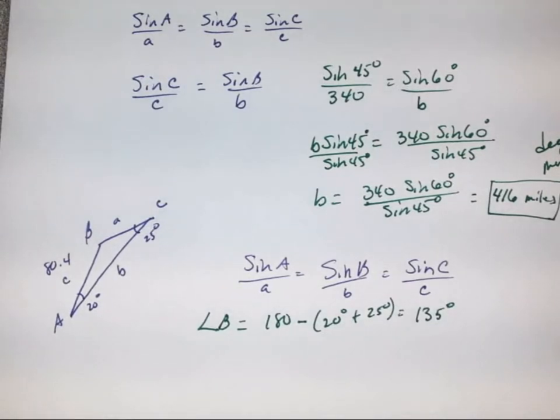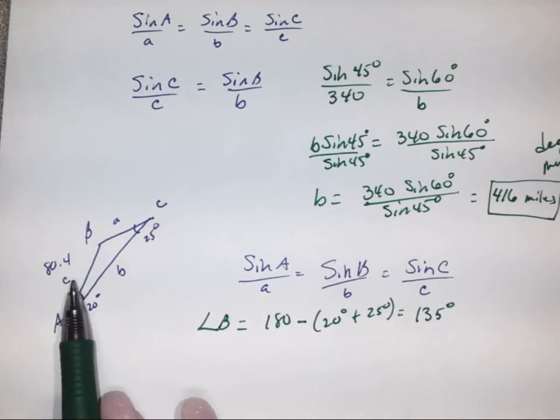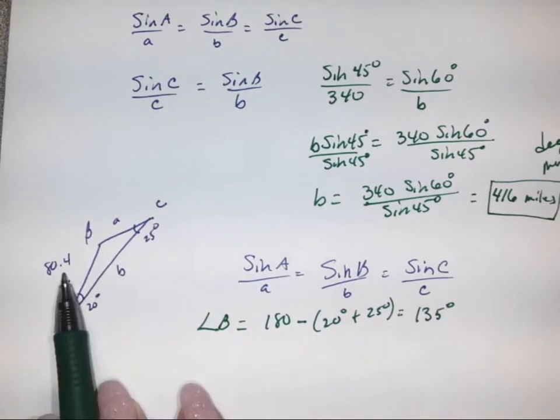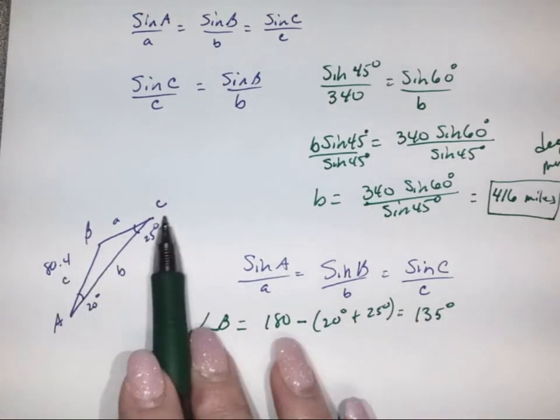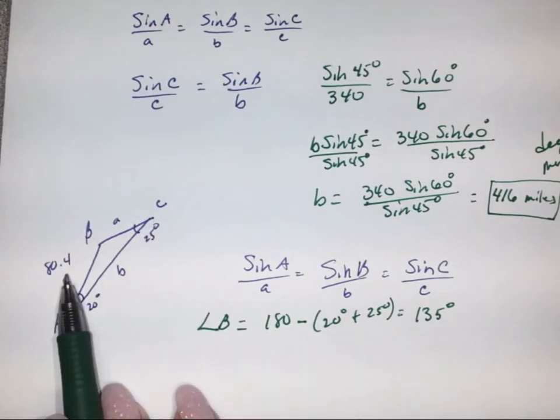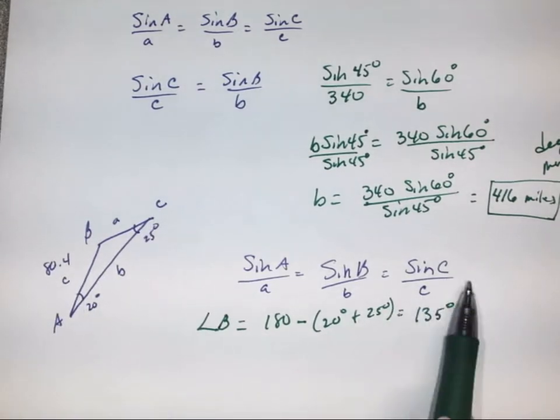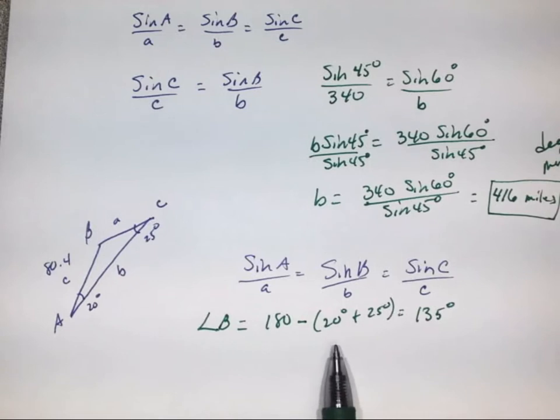Now I know that I can find, I've got C, so I have to use my C's again because that's what I have. I've got to have one of those pairs to solve for one of them.